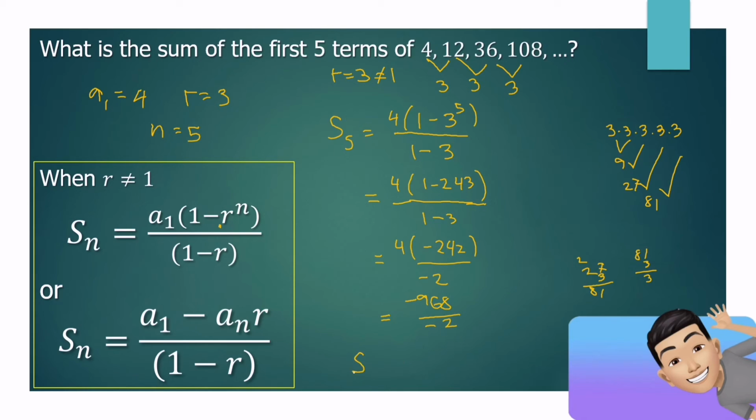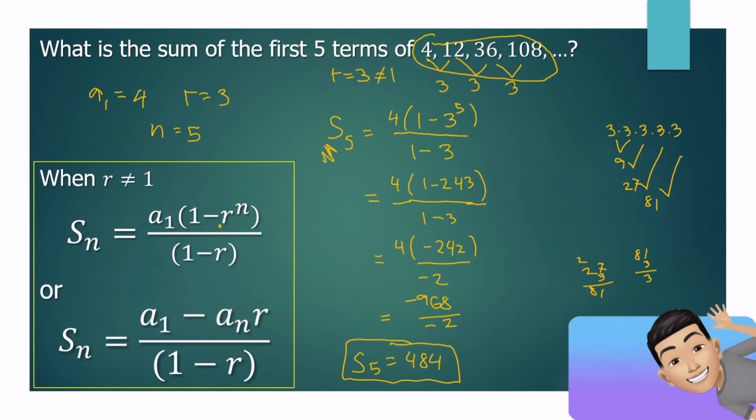We have S sub 5 equal to 484. So, ito yung summation or sum ng first 5 terms ng given geometric sequence na ito.